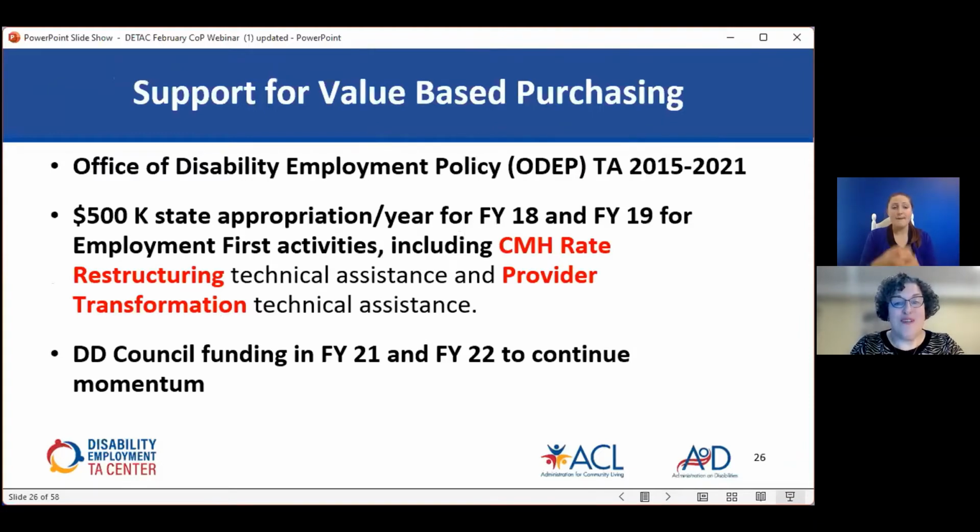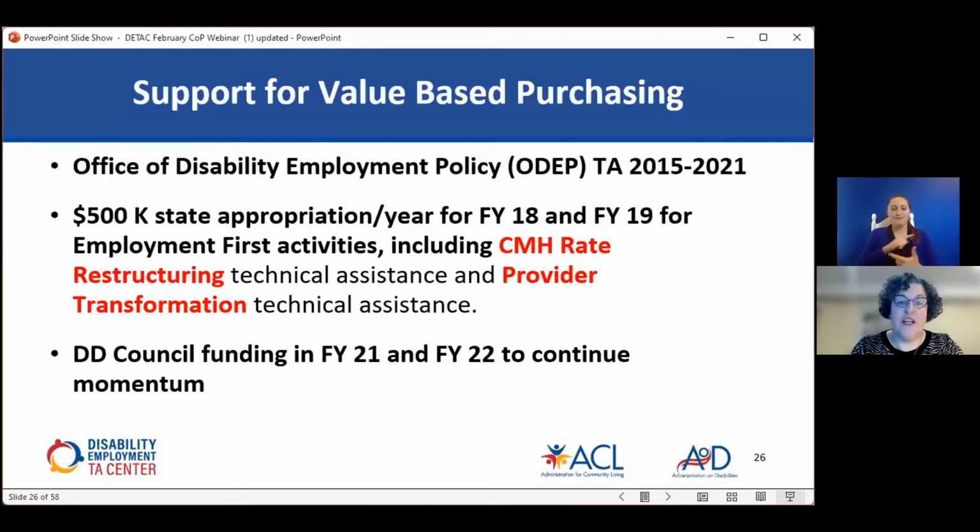Support for these transformation efforts have come from 3 funding sources. First, the Office of Disability Employment Policy technical assistance that we received from 2015 to 2020. It was an average of 300 hours of technical assistance per year.